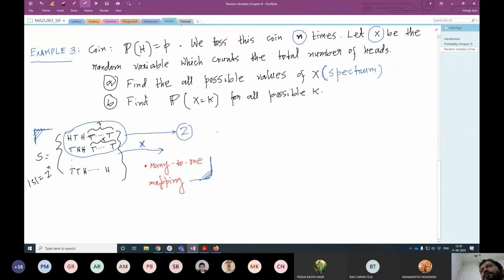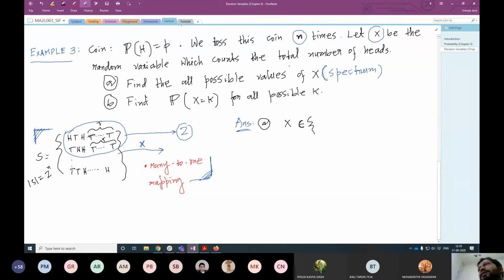Now coming back to the answer to this question. The first part: what are the possible values that X can take? X counts the total number of heads.